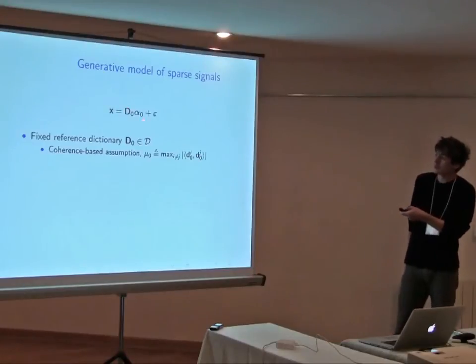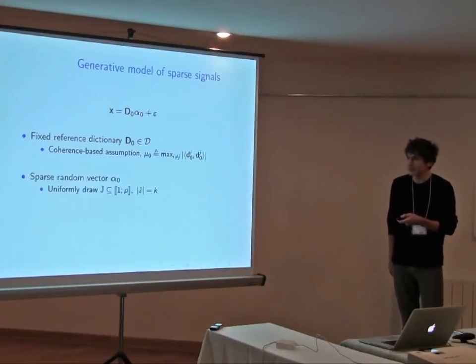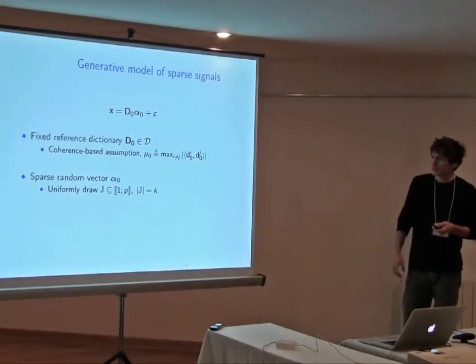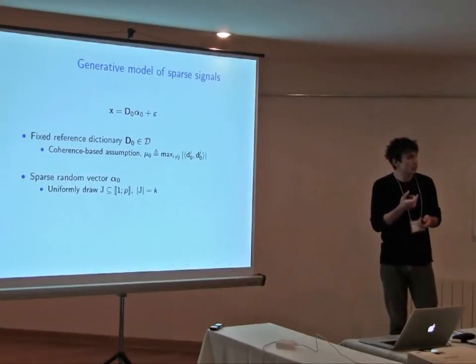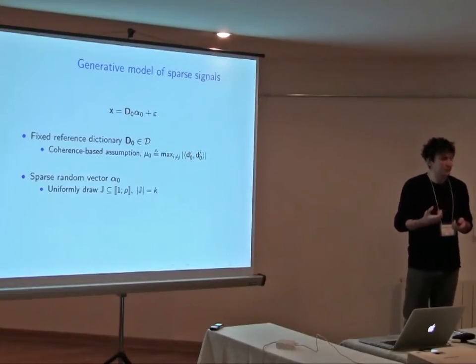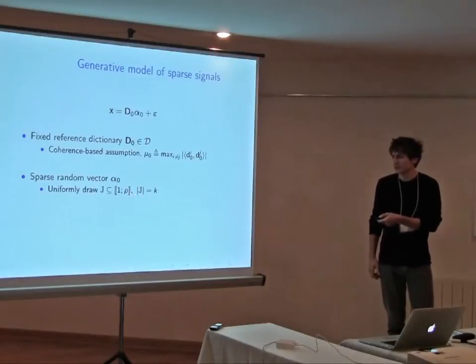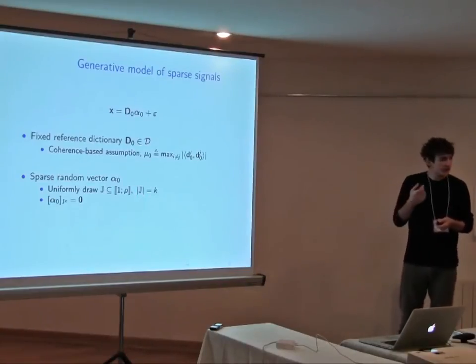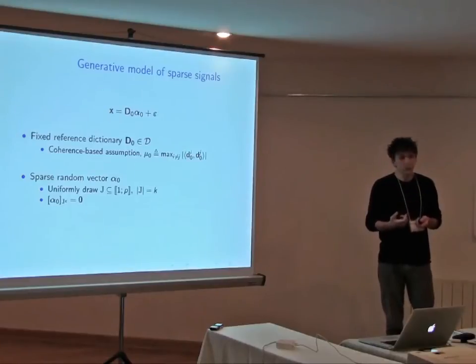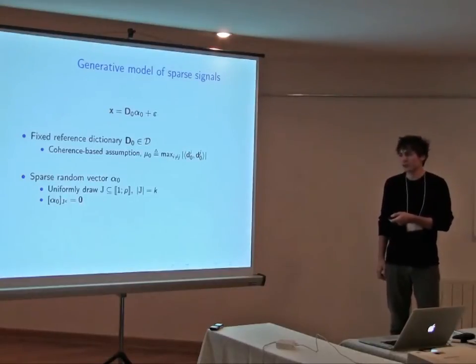The sparse random vectors alpha 0 are generated in the following way. We first draw a support of a fixed size k. Then for the coefficients outside of the support we have just drawn, we set the coefficient equal to 0.